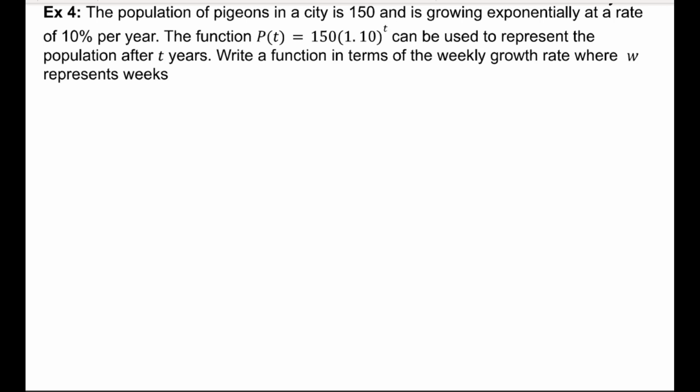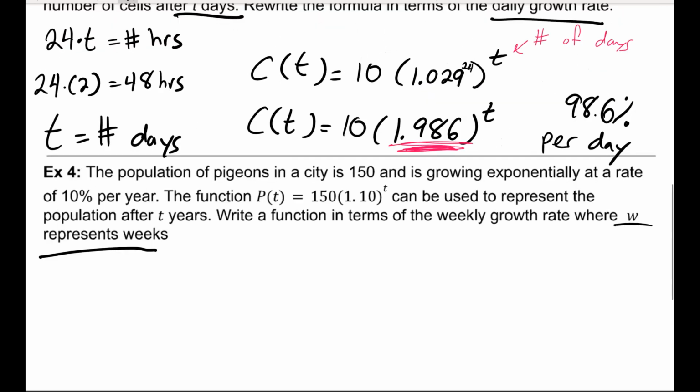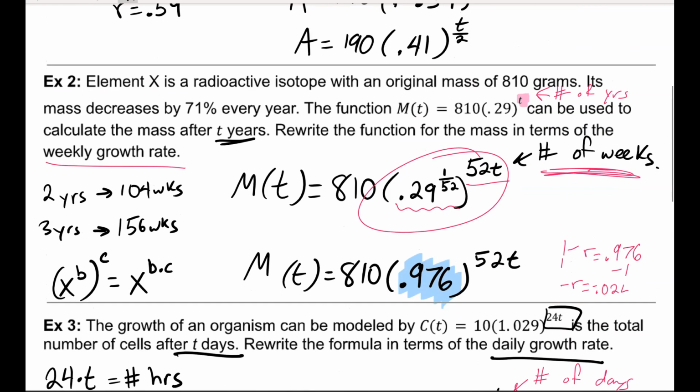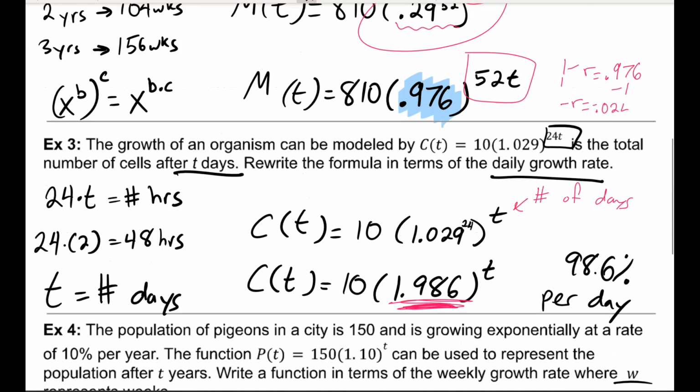I want to write a function in terms of the weekly growth rate, where w represents weeks. So the only difference between this problem and exercise 2 is that instead of leaving the exponent as 52t, I'm going to make a substitution since they say to write it as w weeks.